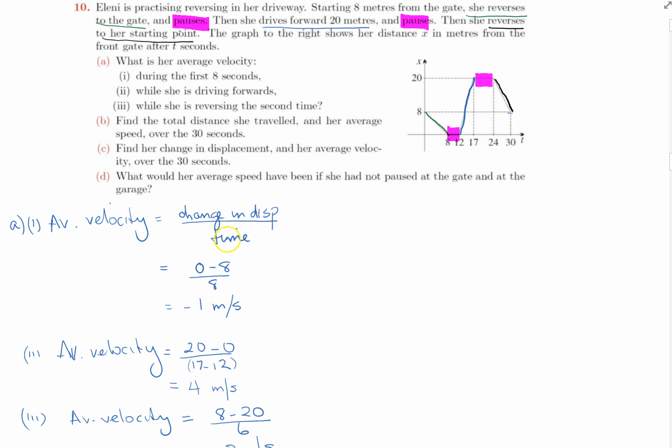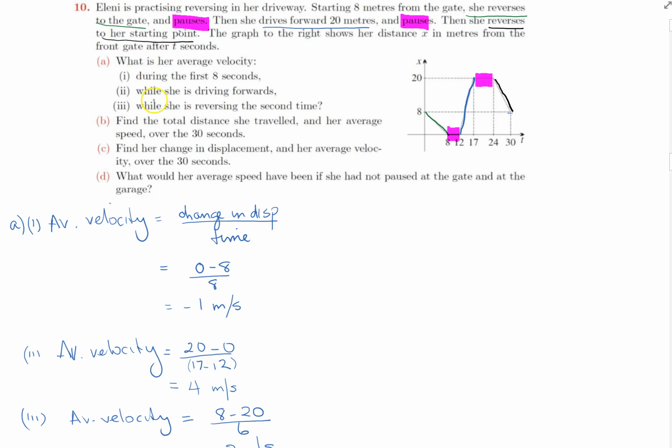The definition for average velocity is change in displacement. So she ended up at 0 displacement. Subtract 8, where she came from, where she ended minus where she came from, and the difference in time was 8 seconds, and it gives you -1.